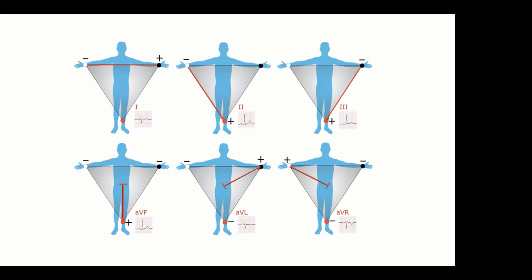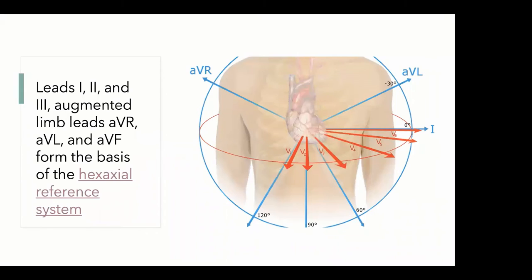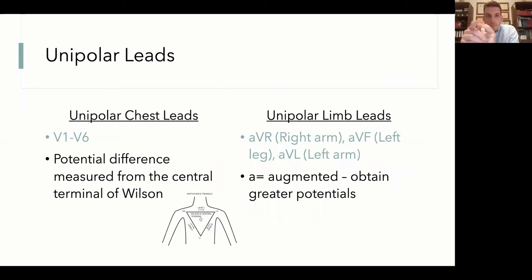So this is what we call the hexaxial reference system, lead 1, 2, and 3, along with the augmented leads, AVR, AVL, and AVF. We talked about the bipolar leads, let's talk about the unipolar leads. The unipolar leads are the ones that measure the difference from the central terminal of Wilson, which you can see in the center here of the picture, and it is composed of leads V1 to V6.